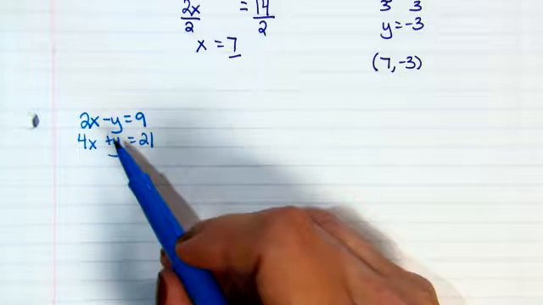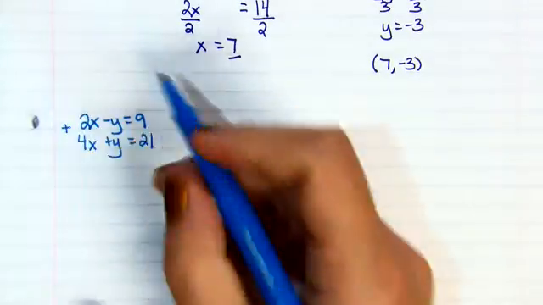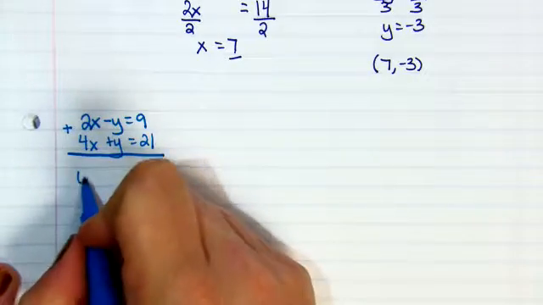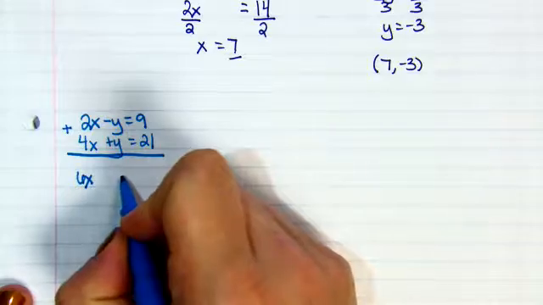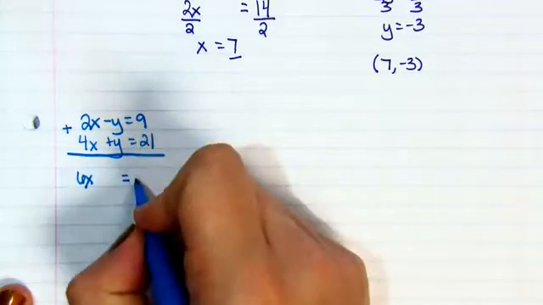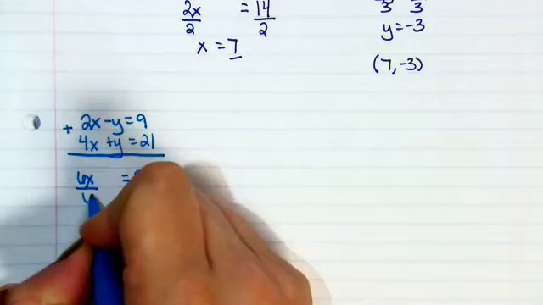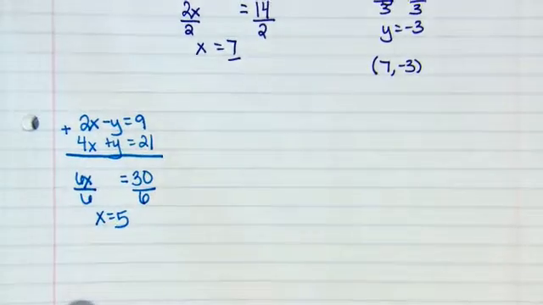This coefficient is -1, this coefficient is +1. So when I add these two equations together, 2x plus 4x is 6x, -y plus +y is 0, and 9 plus 21 is 30. I divide each side by 6, and I get that x equals 5.